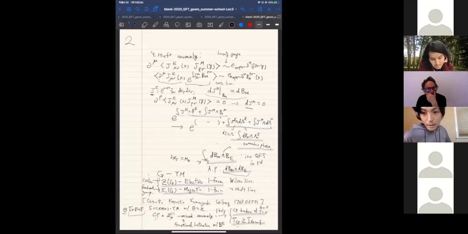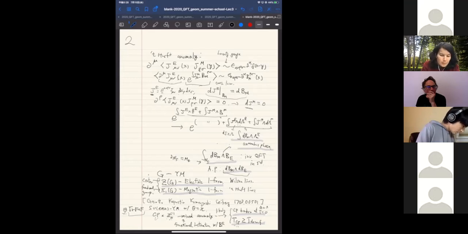It was very surprising, and of course this stimulated many works. Many people consider, say, QCD in 4D, 3D, and others, and it's still a very hot area of research. Okay, so this was it about Yang-Mills.